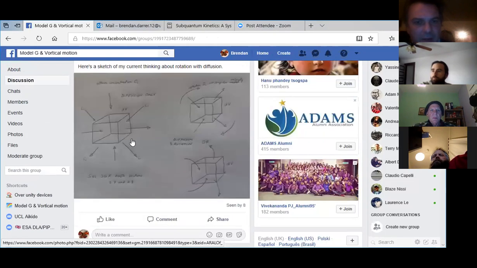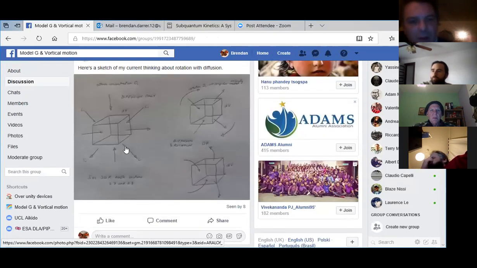And then here was my showing my ideas of how we could include rotation, because at the moment it's just diffusion, Brownian motion, like billiard balls hitting in straight lines.